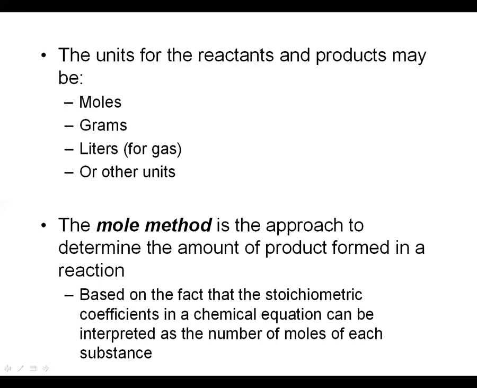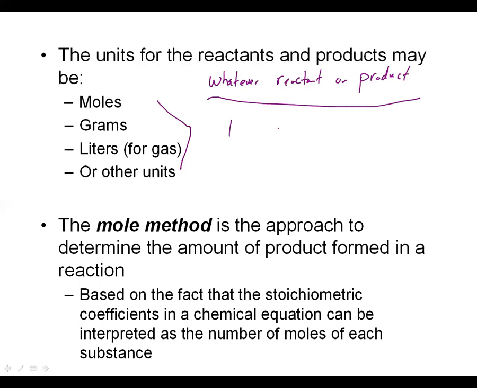and that's what is sometimes referred to as the mole method. So in terms of reactants or products, you may be given the units of these in a wide variety of units. But whatever unit you're given, either the reactant or the product, when you do a stoichiometry problem, usually the very first step is you need to convert whatever those units are into moles.